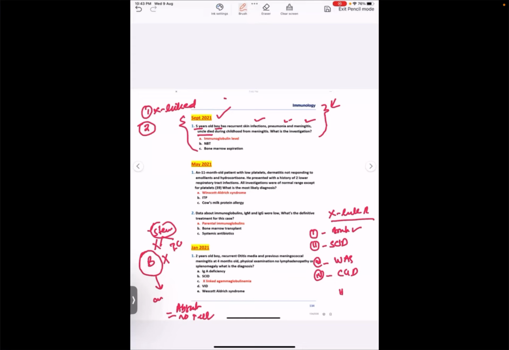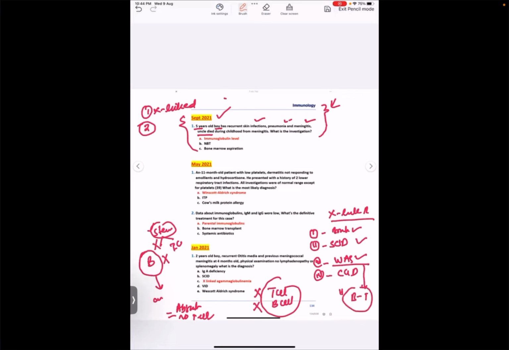The next we discuss is SCID. SCID is an X-linked recessive disease where there is a defect in the T cells as well as in the B cells. No T cells, no B cells, right? And it is going to present within 3 or 6 months. Next is Wiskott-Aldrich syndrome. The key point here is that it is also a defect of both B cells and T cells, right?